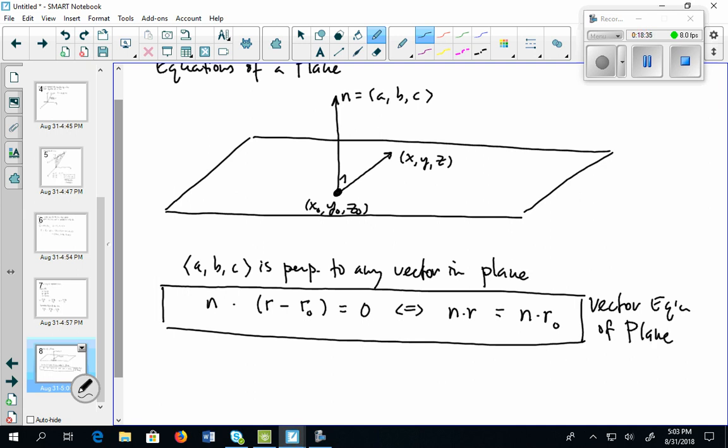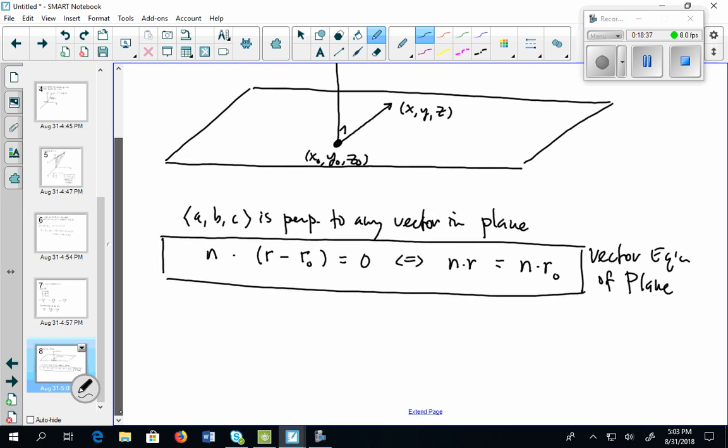There we go. Now what we could do is just expand on this a little bit. Let's replace the n with ⟨a, b, c⟩ again, dotted with r minus r₀. Let's replace that with ⟨x - x₀, y - y₀, z - z₀⟩. And that's still going to be equal to 0.